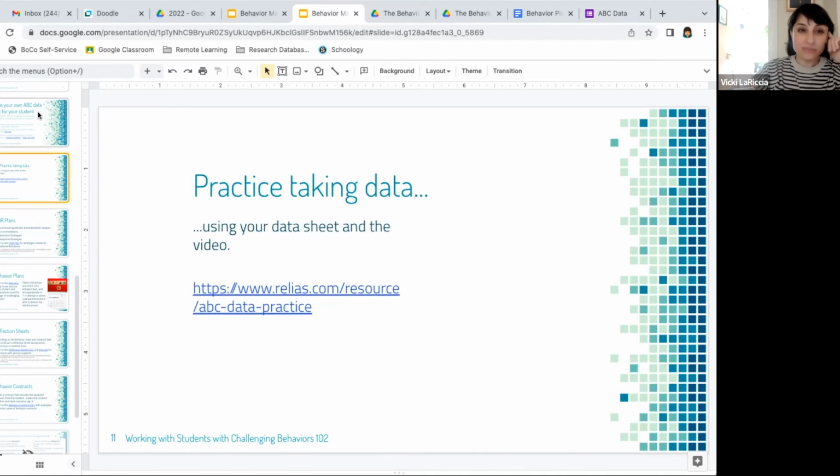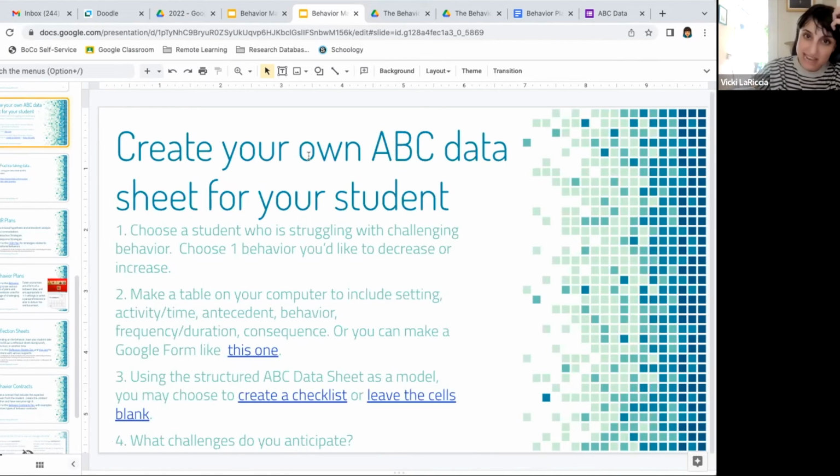One of the activities we would have done is to have you create your own data sheet on this slide. But we don't really have time for that. But in general, behavior ABC data sheets should include a column for date, a column for whatever the activity is, always going to be your class in this case. Time of day is important, setting events, and then you definitely want antecedent, behavior, consequence.